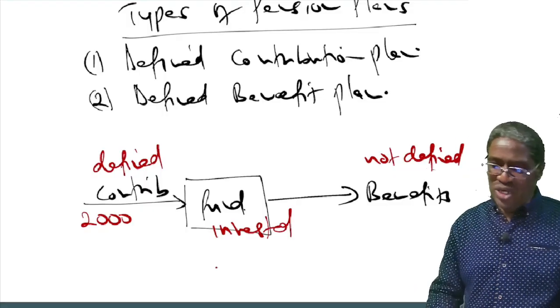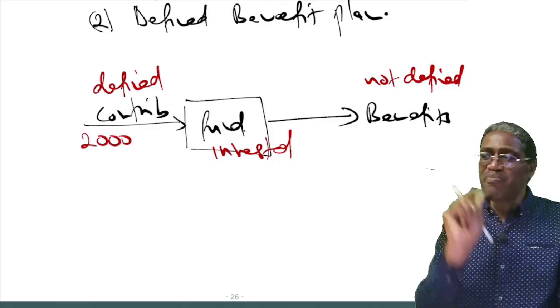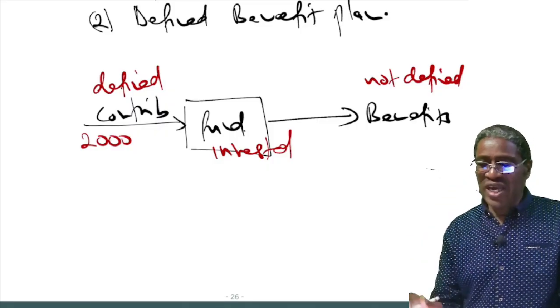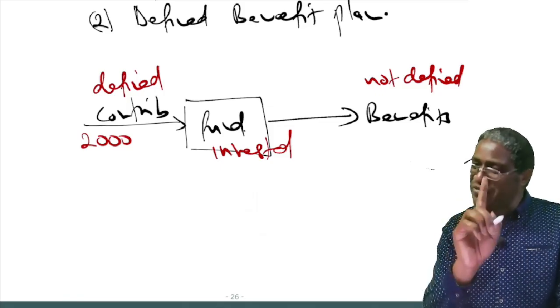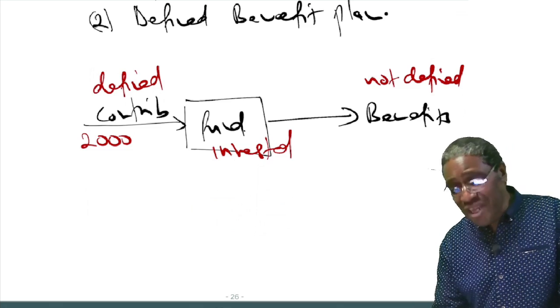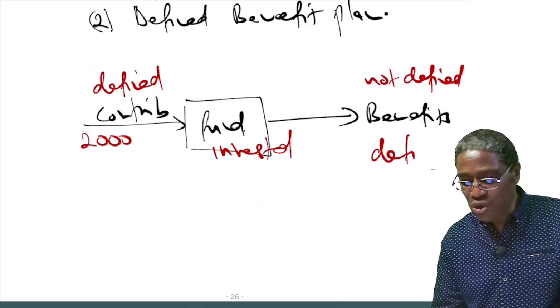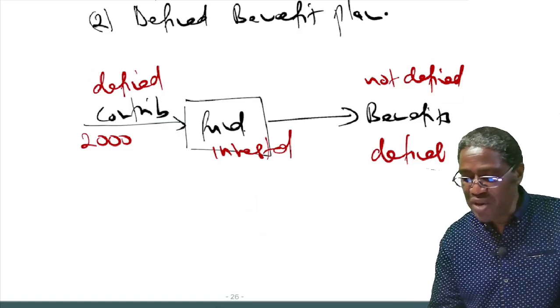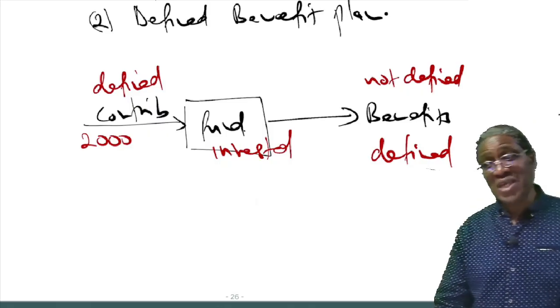Good. Now let's go to the second type of plan. What's a defined benefit plan? Now, in a defined benefit plan, I hope you can see from the term, the benefits that the employees will take home at the date of retirement are defined.